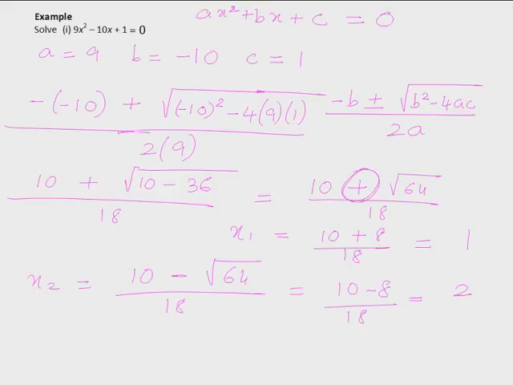That's 2 over 18 or 1/9. So the other solution is 1 by 9. So the two solutions to this quadratic equation are 1 and 1 by 9. How do I check if I'm right? I plug in 1 and I should get 0. I plug in 1/9 and I should get 0.